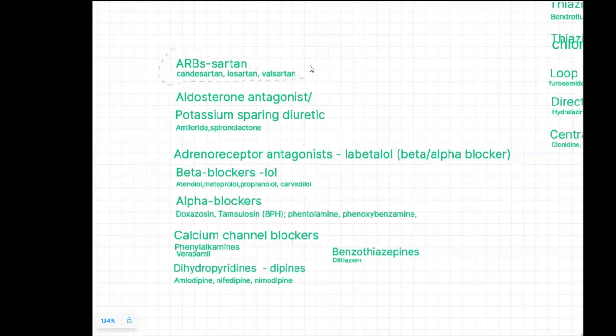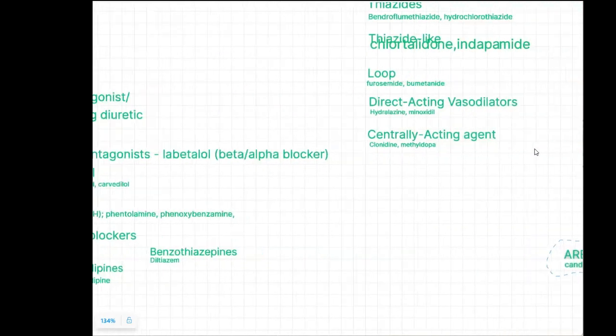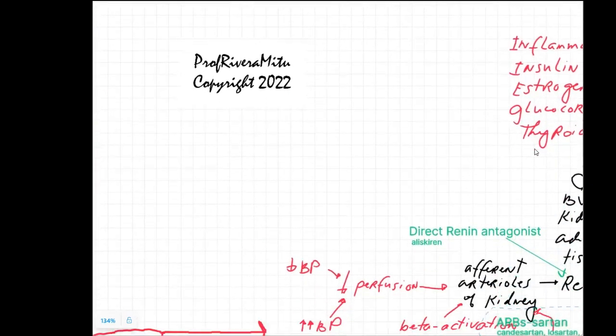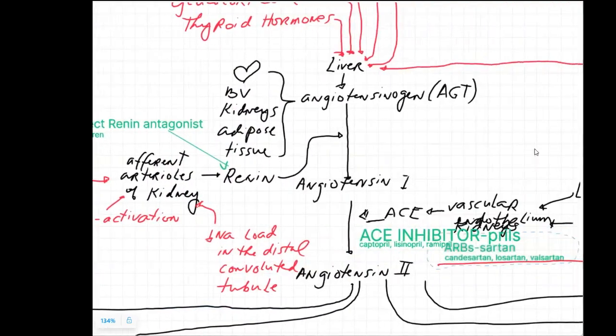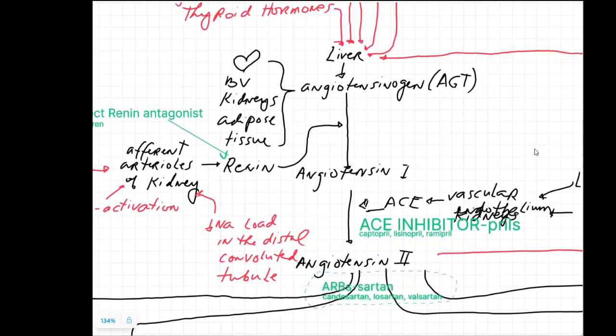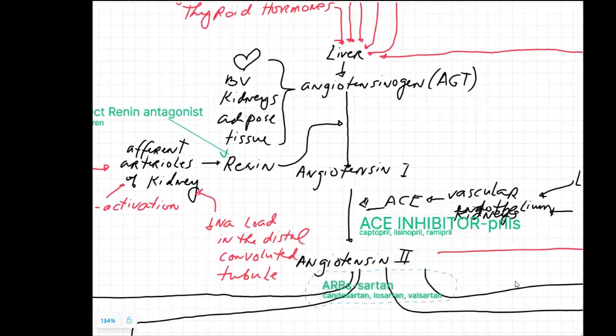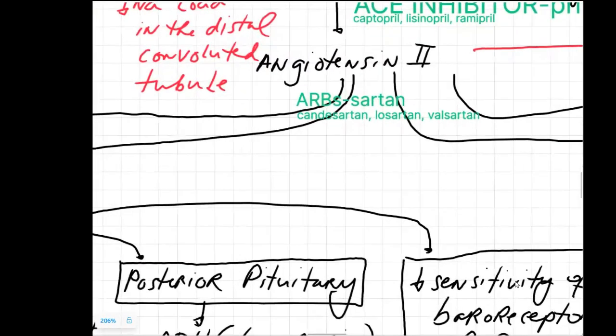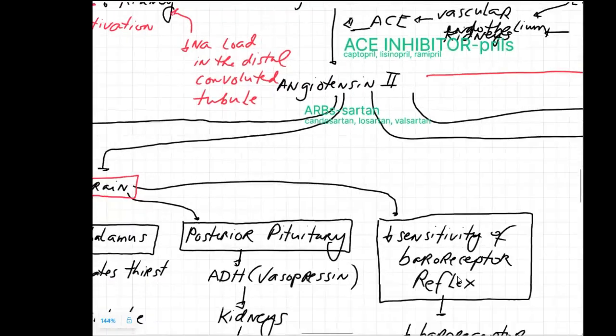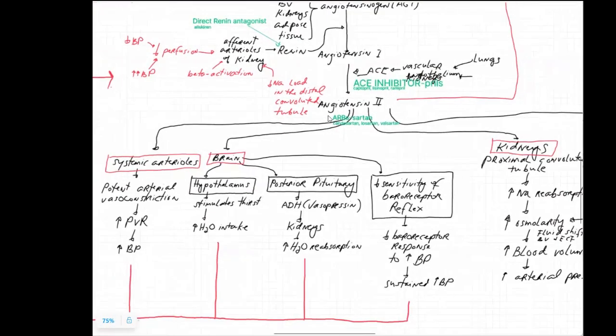So just like the examples that I have put on here. So let's place this where this belongs, which is right here. Examples of ARBs are candesartan, losartan, valsartan. So those are your sartans. So they stop the receptors from basically doing all of those things down here. They stop all that.